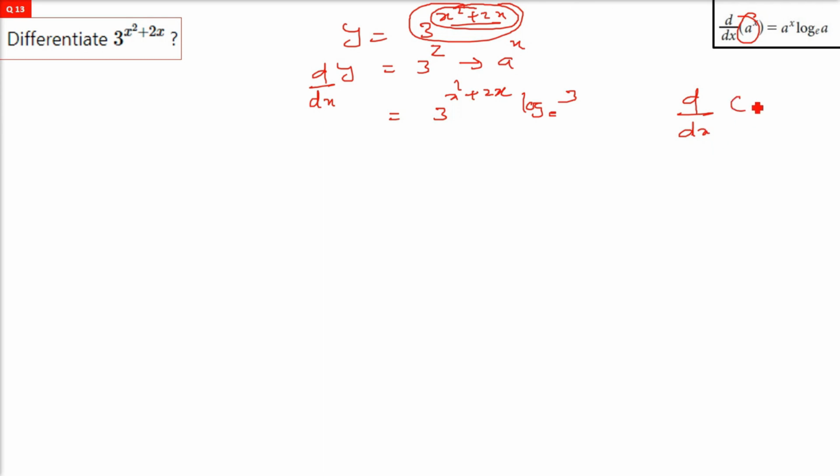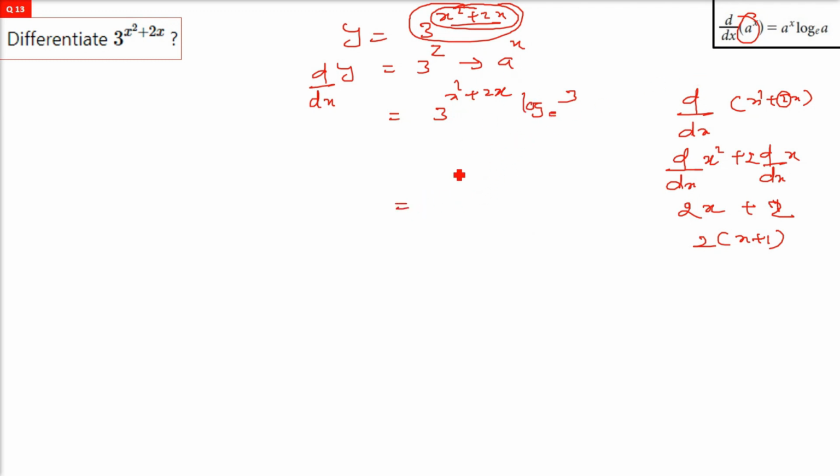You have to take this x square plus 2x and then you have to differentiate it as well. So d by dx of x square plus 2x, again x to the power n, n x to the power n minus 1. So d by dx, you can just separate them. So d by dx of x square, twice of d by dx of x. d by dx of x is 1 only, so there will be 2 only remaining. x square is 2x. You want to keep it like that, you want to write it as 2 into x plus 1, it is up to you.